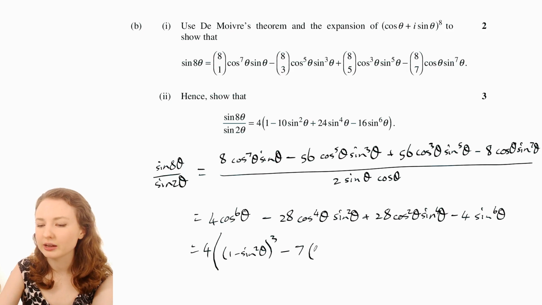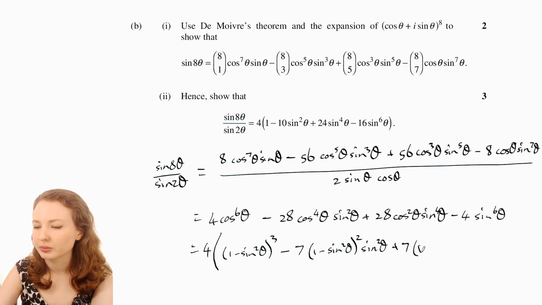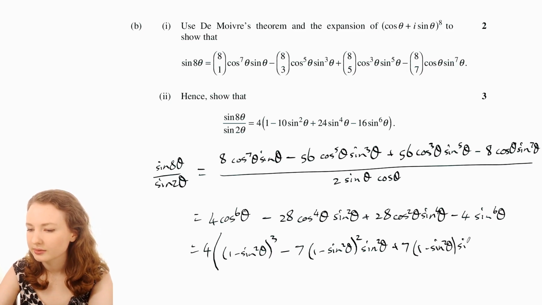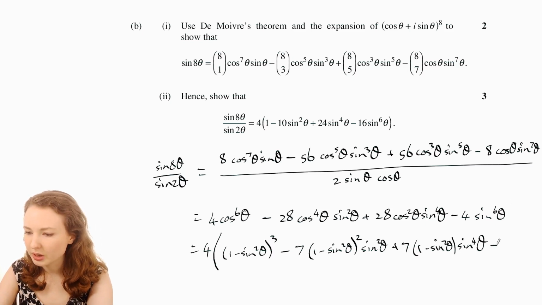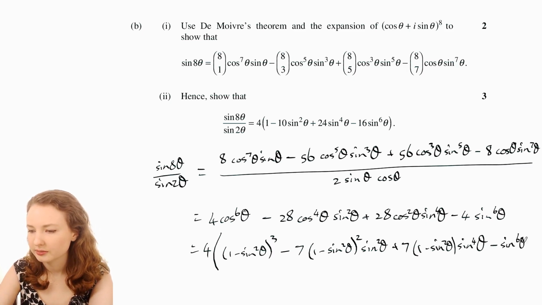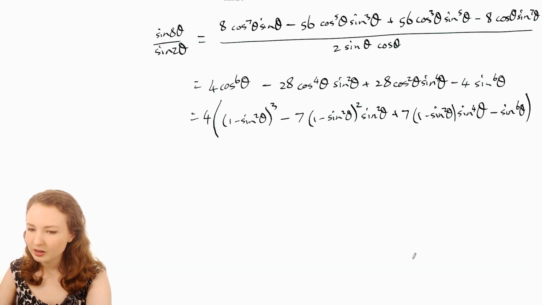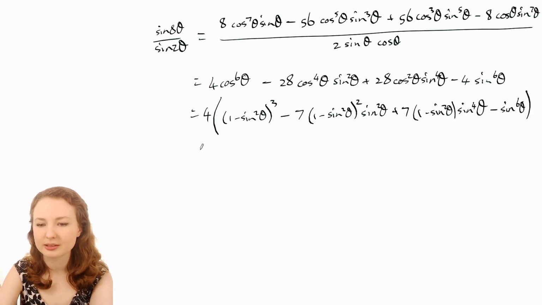Similarly, we think of that as 1 minus sine squared theta squared. And then that's 1 minus sine squared. And minus sine to the 6th. Alright, and then we just need to expand all of this.